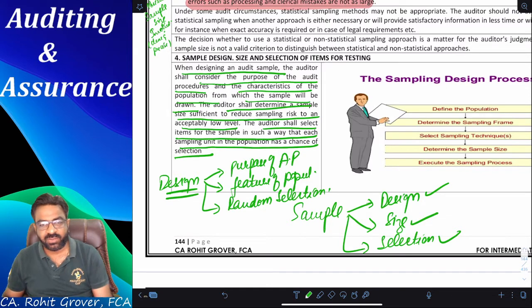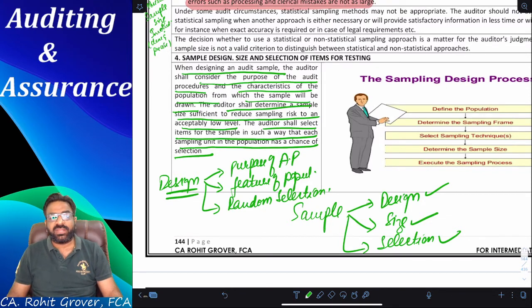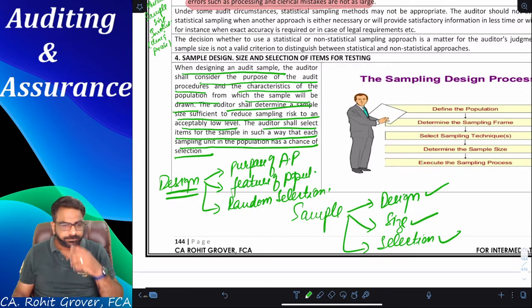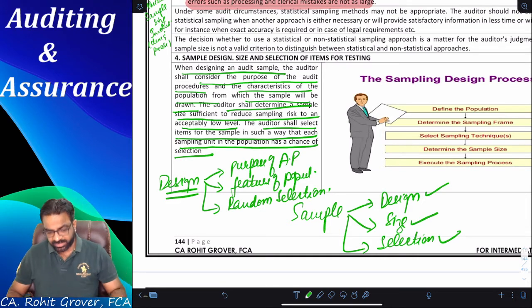The design of the sample is based upon what kind of audit procedures you are following. Everyone, please tell me what is the difference between TOT and TOB. What is TOT? Testing of transactions. And what is TOB? Testing of balances.